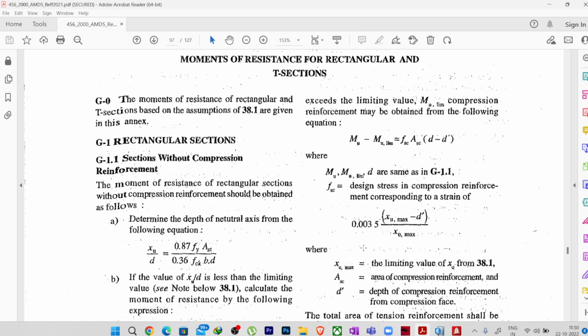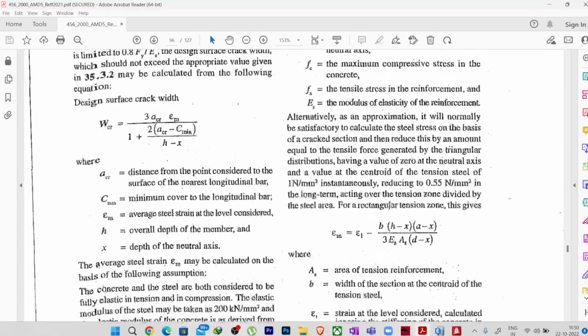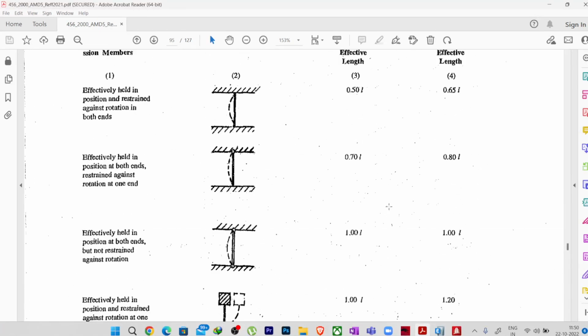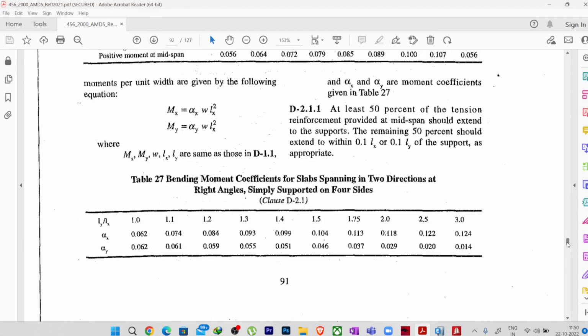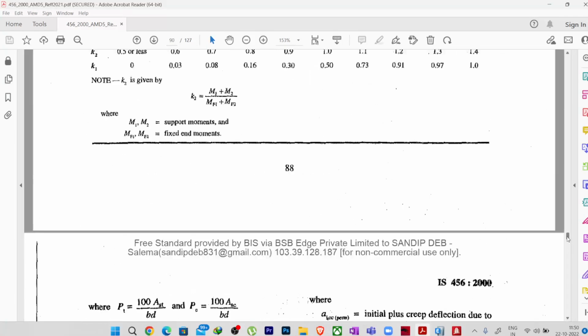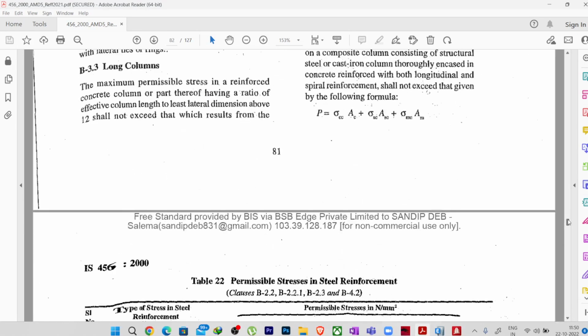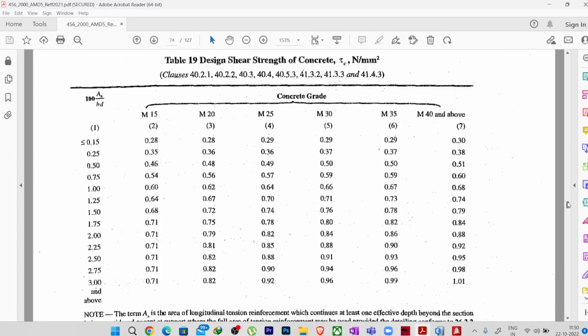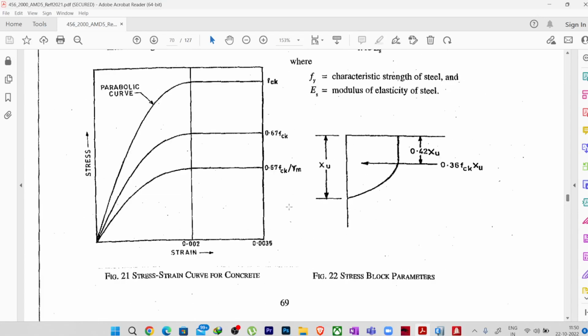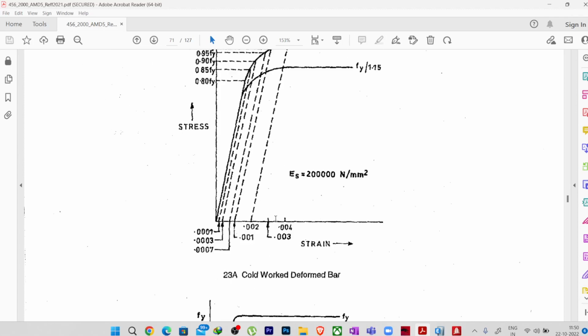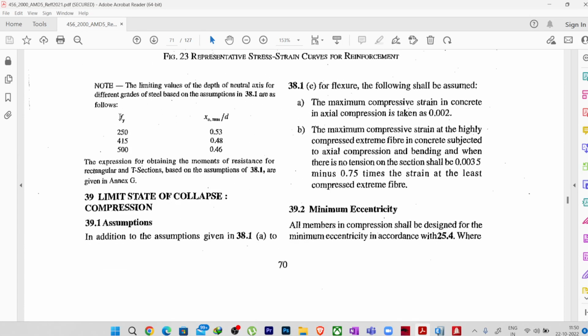So how will we get this Xu max? If you see the table on page number 70, most probably. Yes, here on page number 70 you can see we have the Xu max by d value, from where you can easily find out the Xu max.